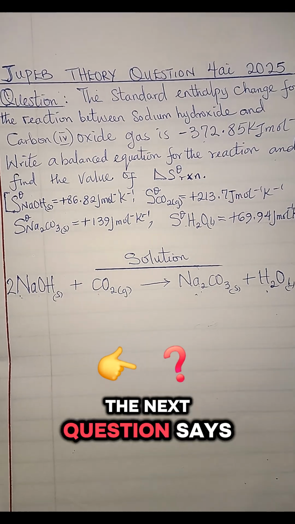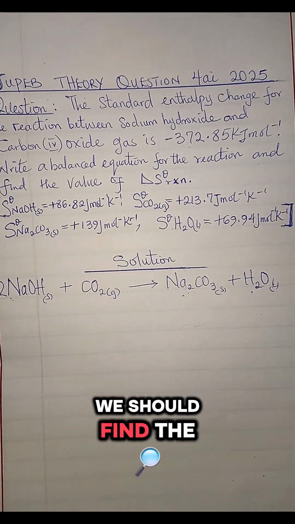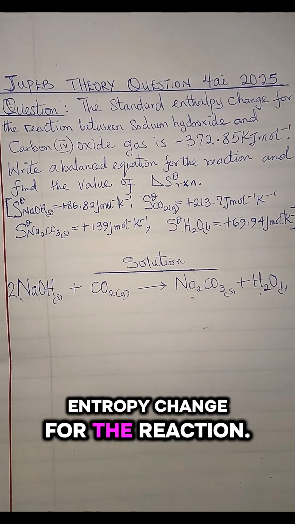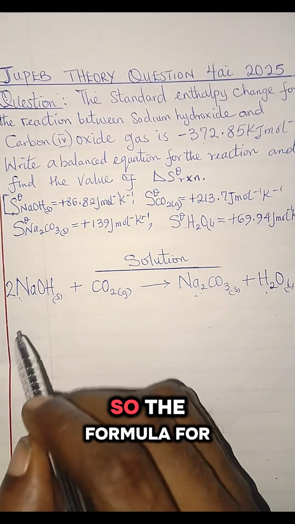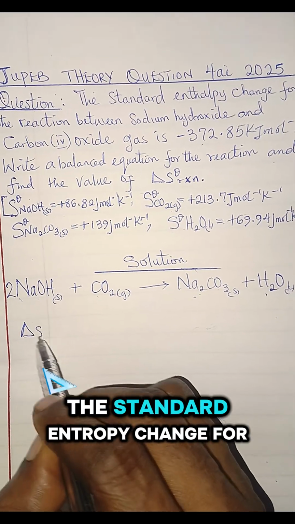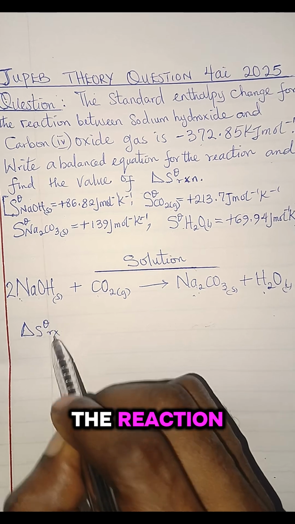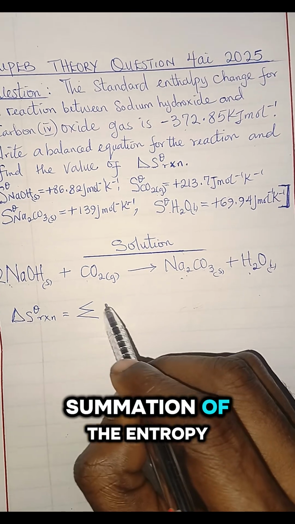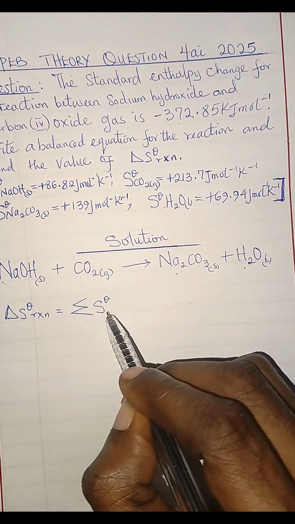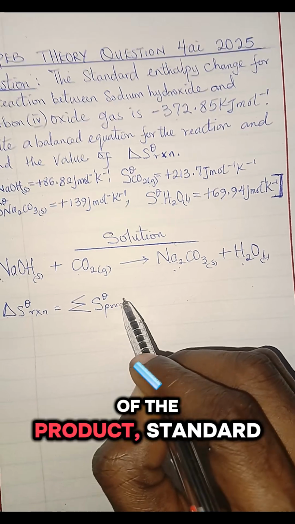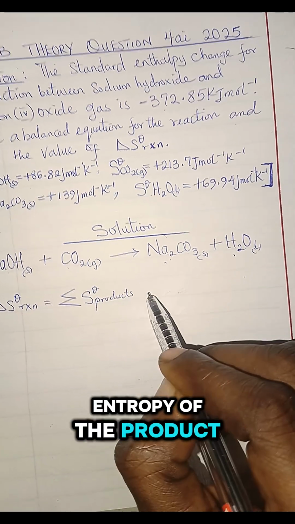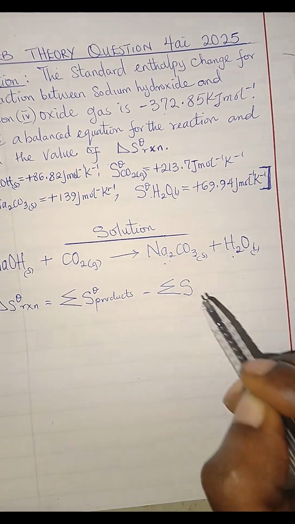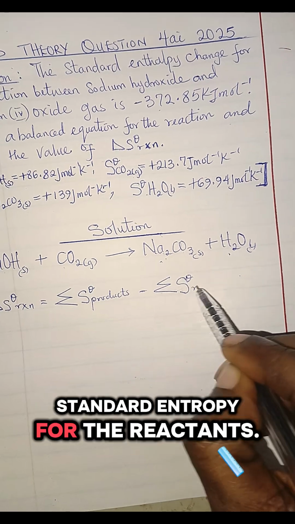The next question says we should find the value of the standard entropy change for the reaction. So the formula for the standard entropy change for the reaction is given by the summation of the standard entropy of the products, minus the summation of the standard entropy for the reactants.